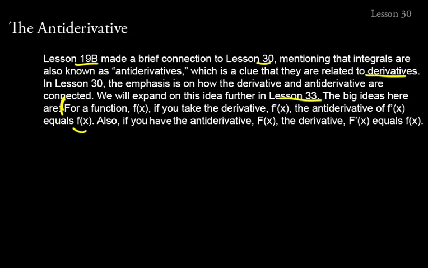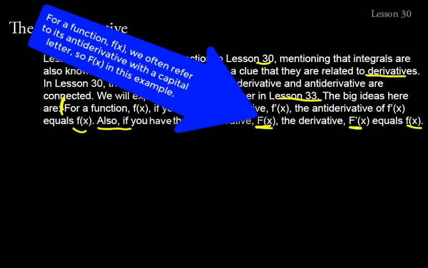Also, if you take the antiderivative, which we might call capital F of x, the derivative f prime of x equals f of x. So instead of taking the derivative of f of x, you take its antiderivative, and we call that capital F of x. Take the derivative of that, that gets you back to f of x.